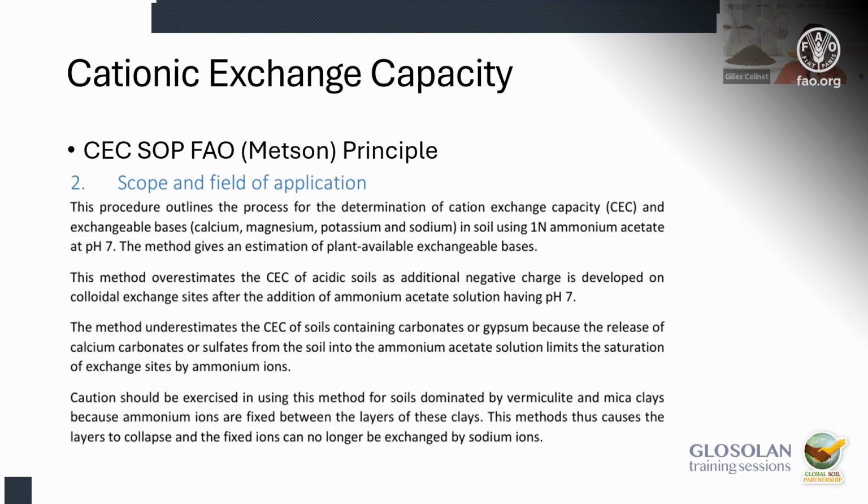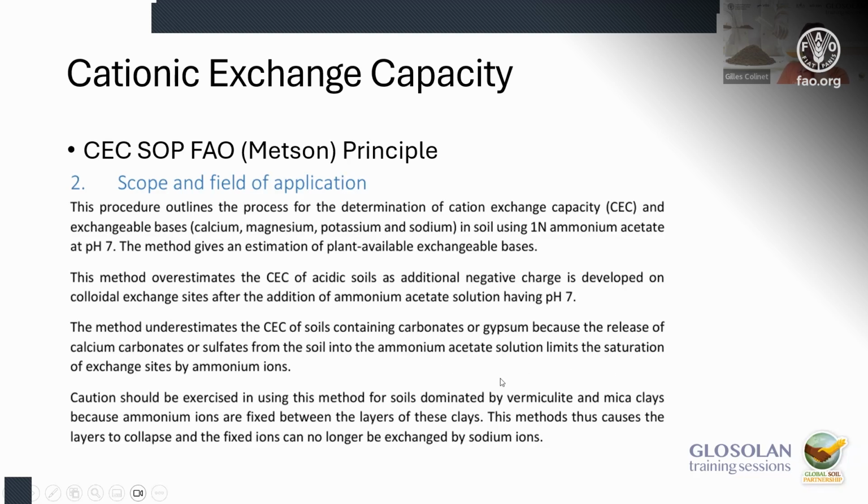The method also underestimates the CEC for soils which have a high level of carbonate or of gypsum, because when you do that, you are dissolving these compounds when you put them with ammonium acetate.